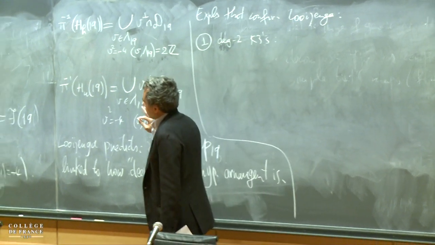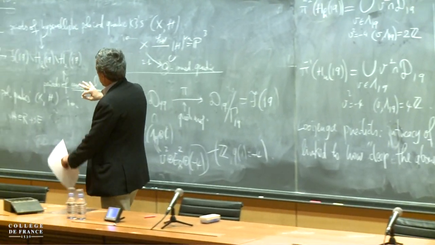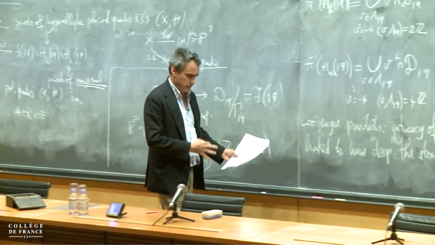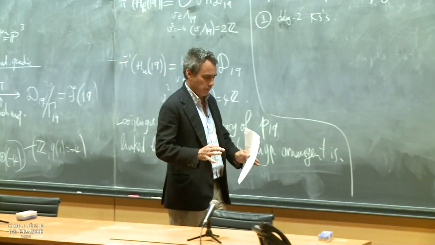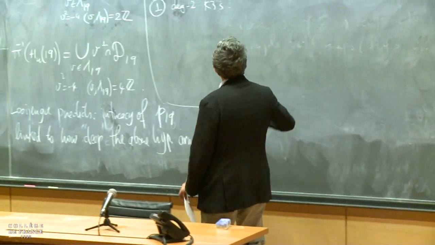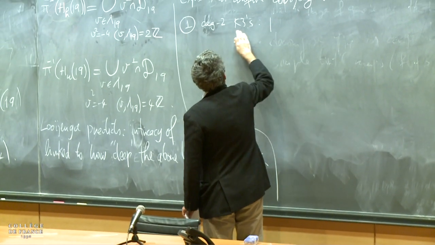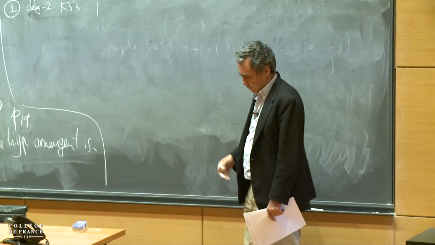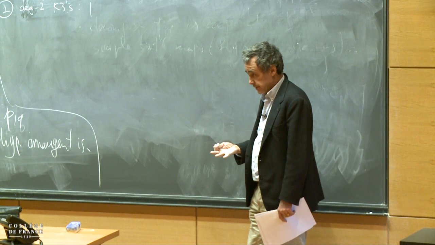So you want to have something similar to what I had here for quartics. So you have a GIT moduli space, you have a period space, and you have a period map. Okay, so a degree 2 K3 is generically the double cover of a plane branched along a sextic.